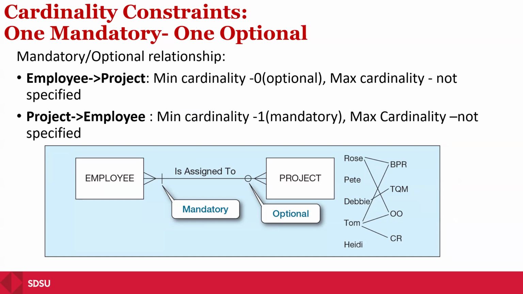So an employee doesn't have to be assigned to a project. For project to employee, minimum cardinality is 1, mandatory, max is many. So a project can have many employees, so max cardinality is not specified, but since minimum cardinality is one, the relationship is mandatory. And we have an example here of how employees are assigned to specific projects.